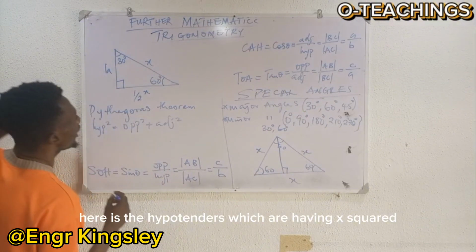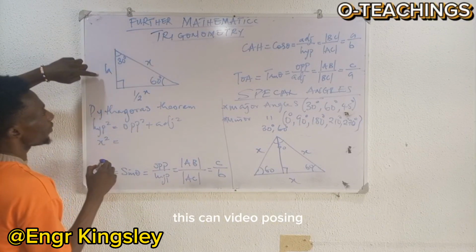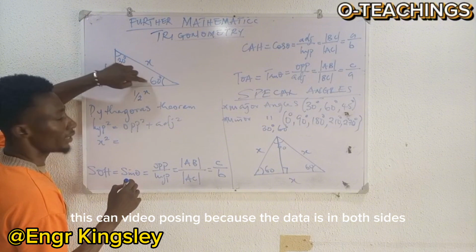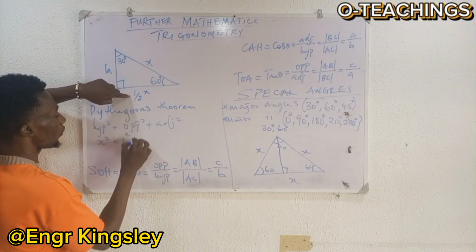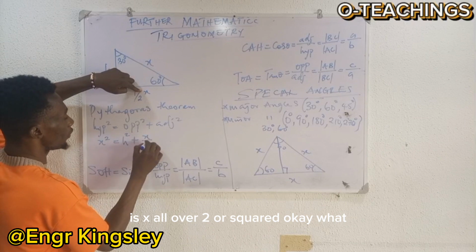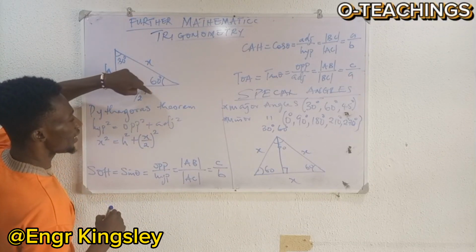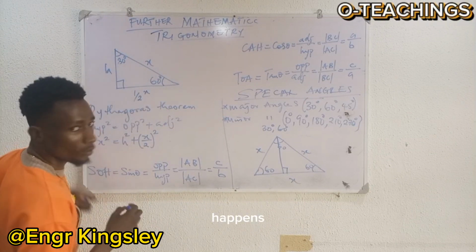Here is the hypotenuse, which is x squared, equal to, this can be the opposite, because the angle theta is on both sides, so you can choose any one. I can use h, I can use this. So plus adjacent, which is x all over 2, all squared. We have x is the same thing as x all over 1, because x has a denominator of 1.